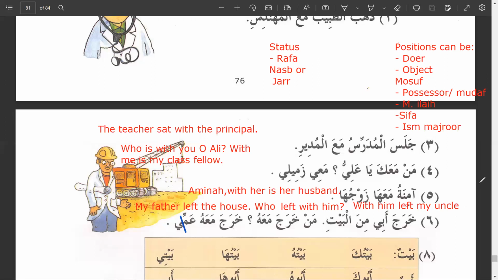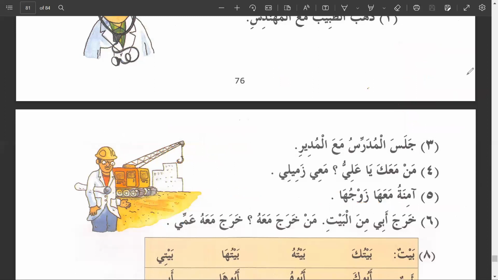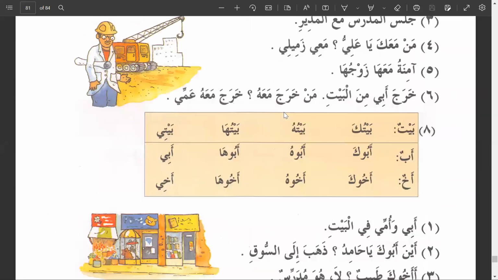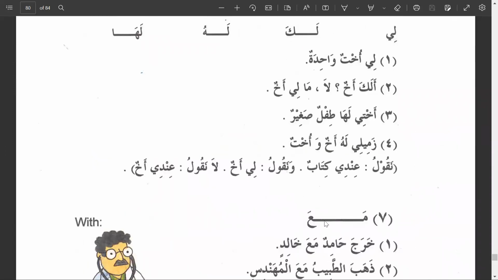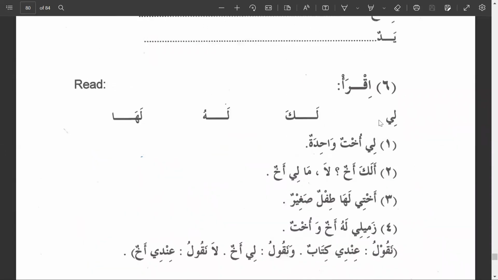Okay, inshallah, let us wrap up this class. I'm going to close the recording, and inshallah meet you in the next class. Today you don't have homework, but try to memorize these things, like what is ma'a, li, laka, lahu, laha.